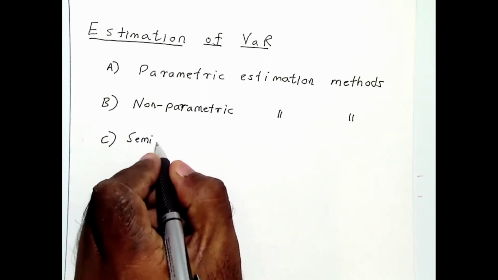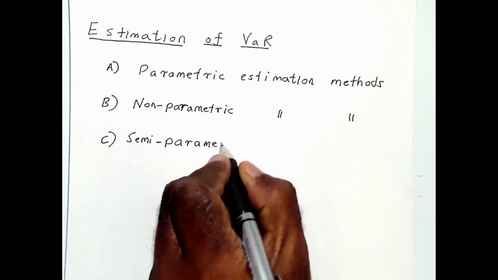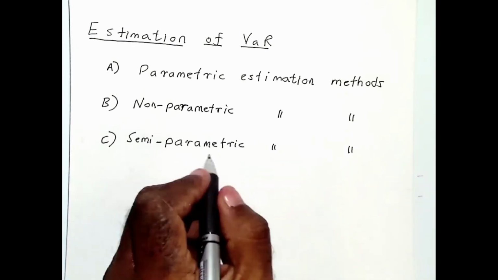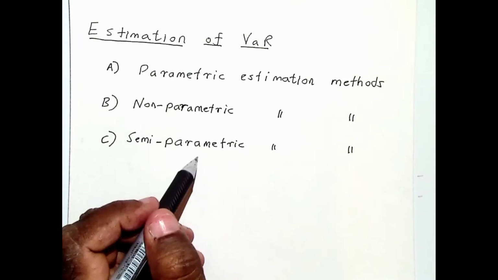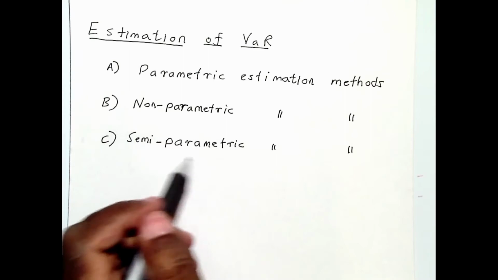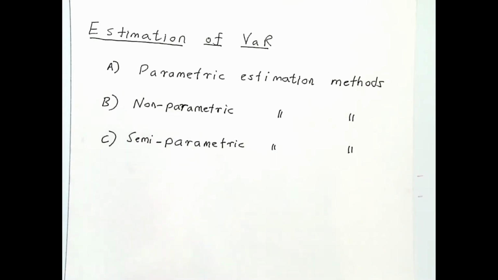And C is semi-parametric estimation methods, and this is a combination of the two. So there are certain parts of this method which are parametric, and certain parts of this method which are non-parametric. Right? So now in this video I will talk about parametric estimation methods.